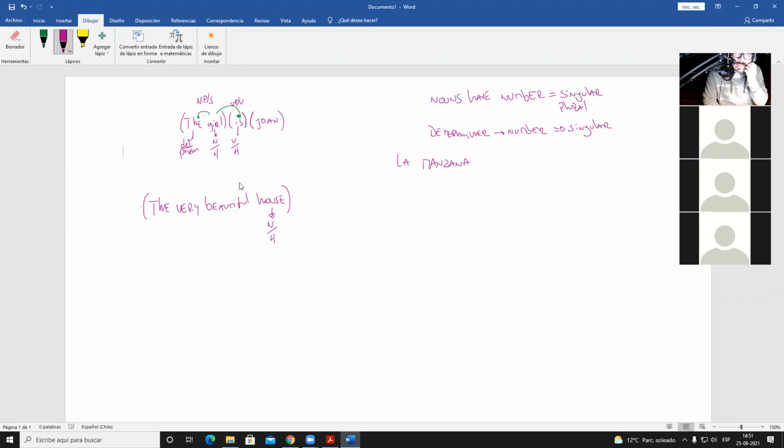Therefore, there is a hint that perhaps very is not a constituent of the noun phrase the very beautiful house, but it is the constituent of another phrase, right? Which is this one, very beautiful. In this respect, the unit very beautiful, which is an adjective phrase, clusters with the noun head house, right? But inside of that adjective phrase, very clusters with the adjective head beautiful.